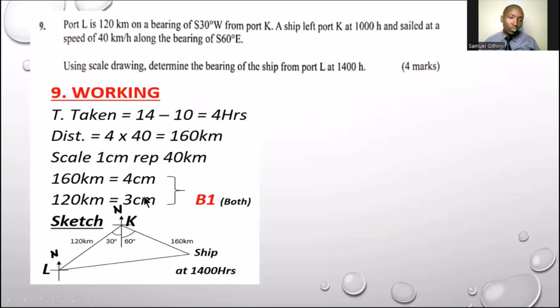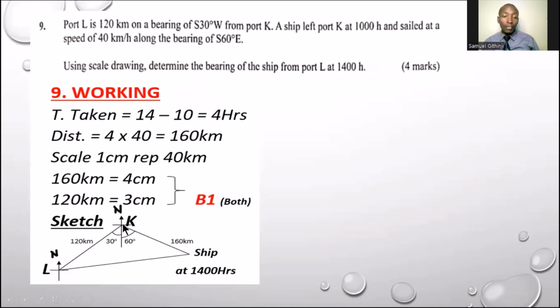If you look at this sketch, we are talking about the port K. Yes, there is a port K, and then there is another port L, that is 120 kilometers. The bearing is south, from here it is to the south, 30 degrees, not on the eastern but on the western side. This is the west.